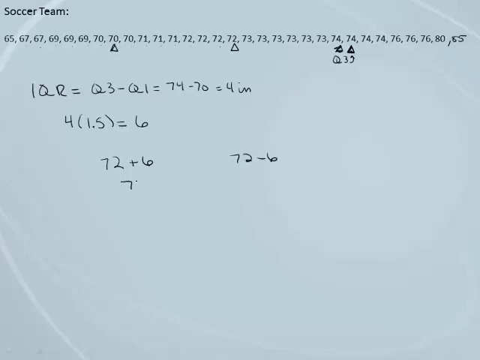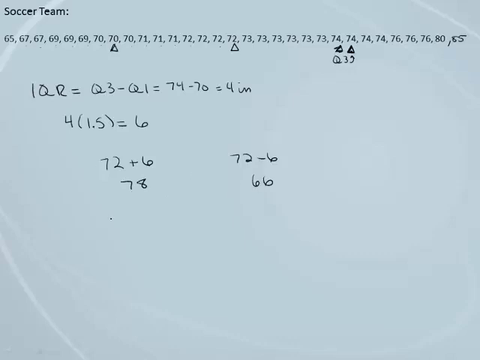Okay, so our interquartile range, which is Q3 minus Q1, is 74 minus 70, which was 4 inches. So I'm going to take that 4 times 1.5, and that gives me 6. So I'll take 72 plus 6 and 72 minus 6. 72 plus 6 is 78. 72 minus 6 is 66.